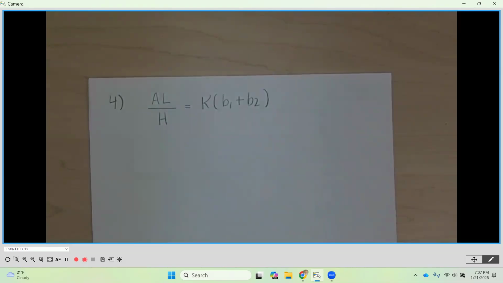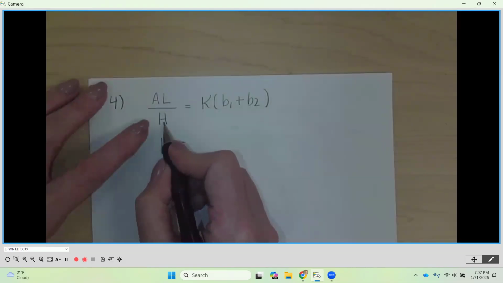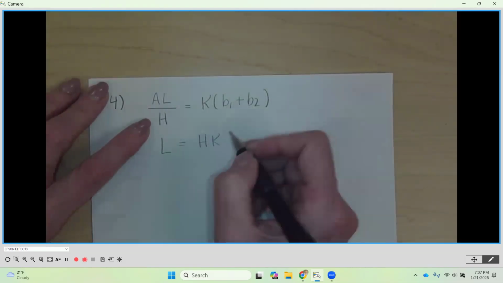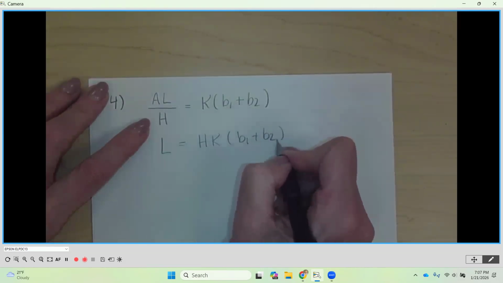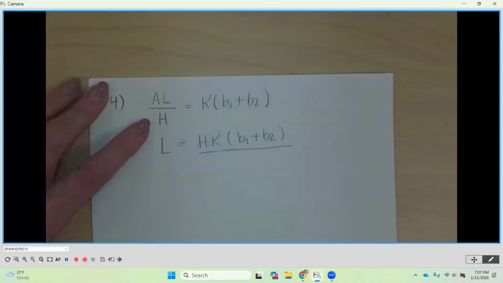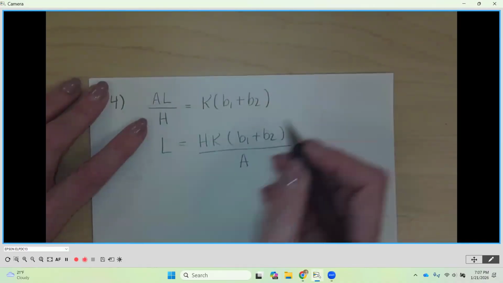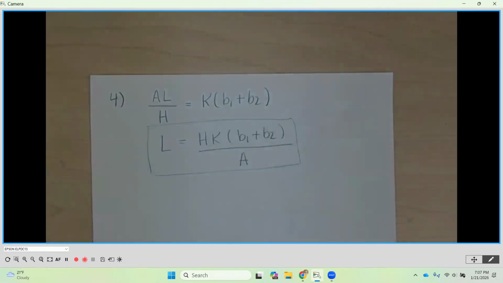Now, I feel like I can do this in one step. So I'm going to keep my L out over here. My H is going to be multiplied up on top, so I'm going to put H times K times B1 plus B2, and then dividing all of that by A. That makes sense?